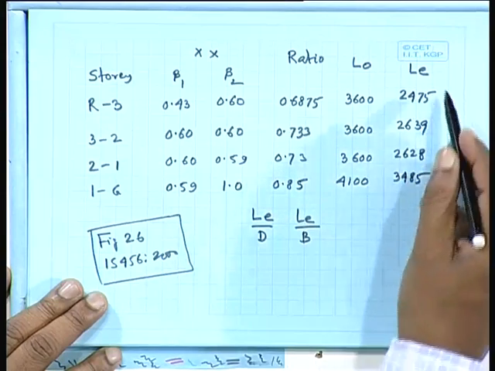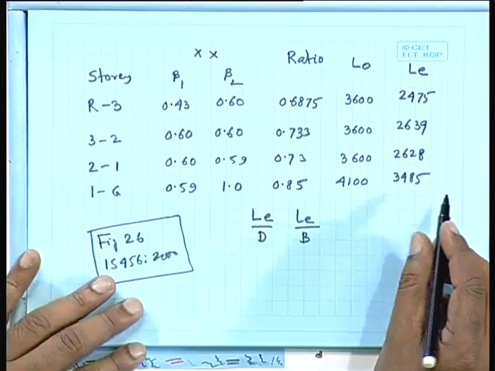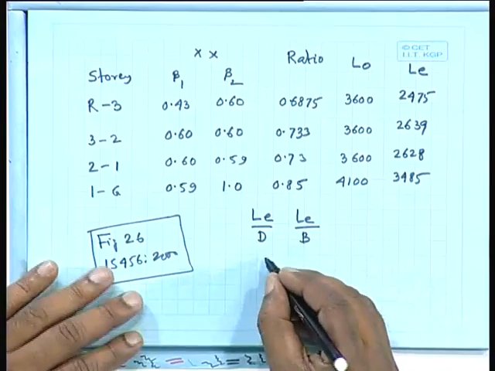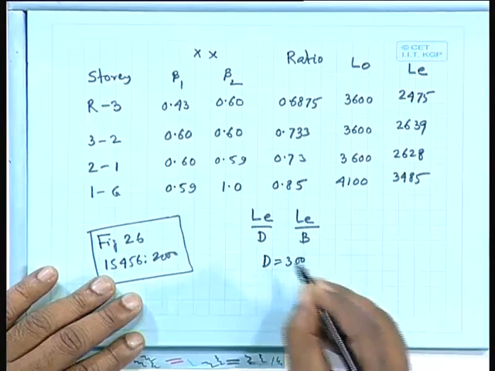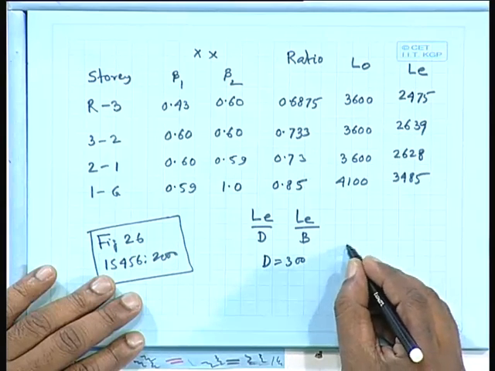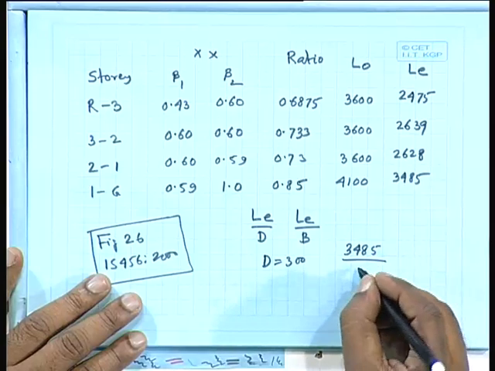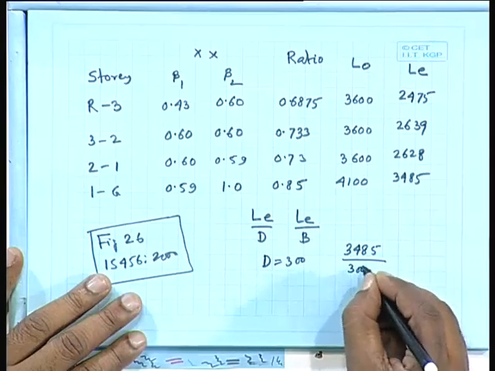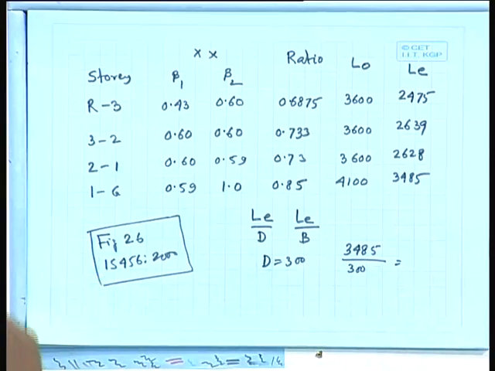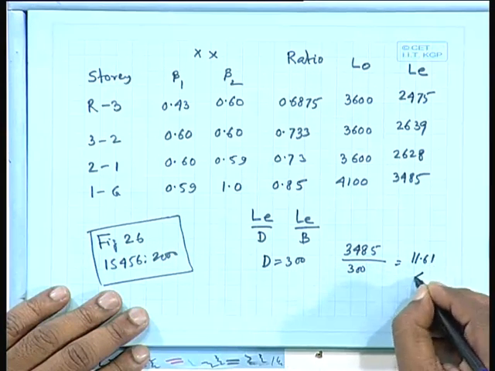But whatever way we consider here, in all the cases, D equal to, say, 300. So one of the cases, 3485, that is the maximum one, divided by 300, is coming as 11.61, so less than 12.